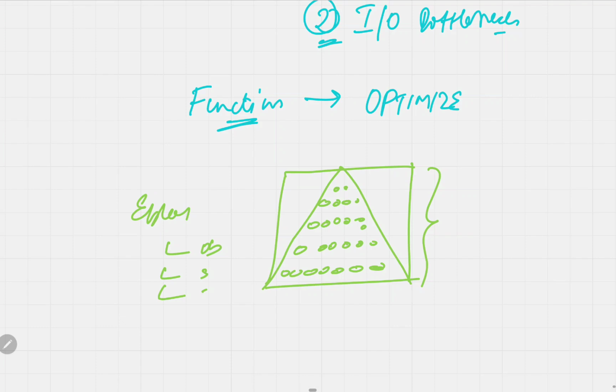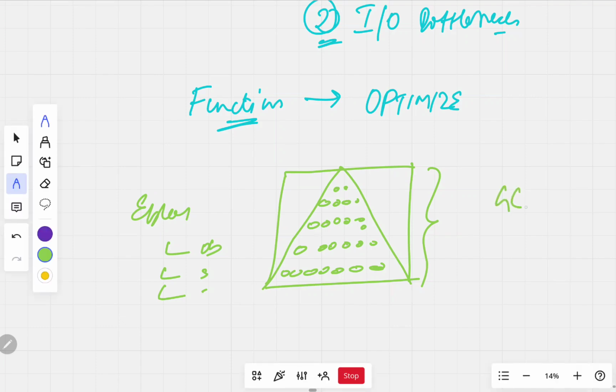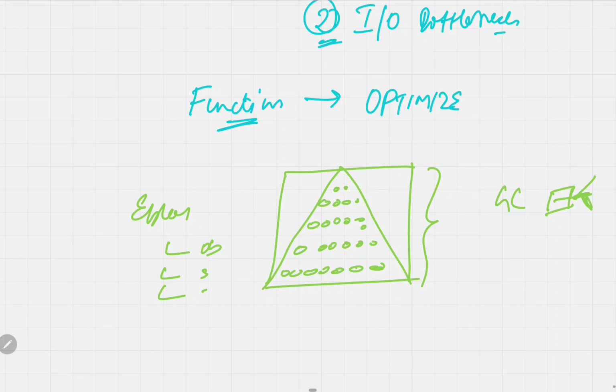Whenever garbage collection is running, it is taking out the garbage. So who is powering this? The CPU is involved. So whenever you're doing garbage collection, the CPU is spiking.